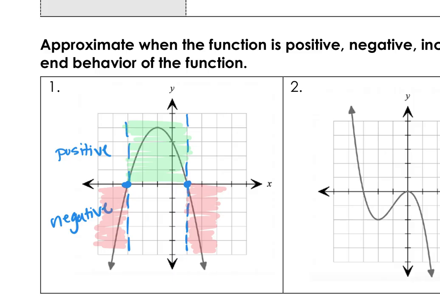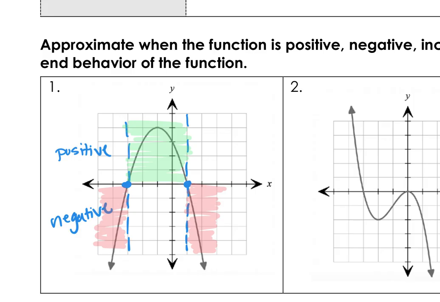So all we need to do is be able to use our inequality notation or the interval notation to describe where this is negative and positive, meaning it's negative from the x value of -infinity all the way to -3. Then it's positive in between -3 and 1. And then it goes negative again from that +1 all the way to x equals +infinity.